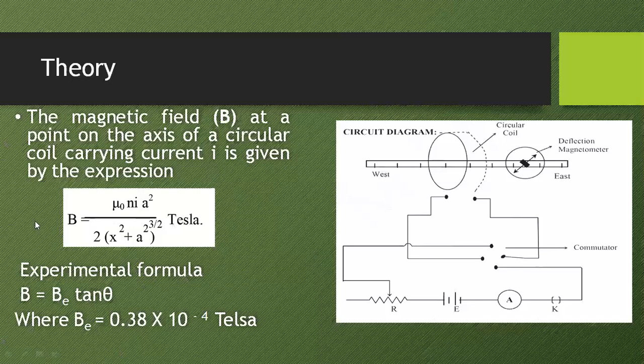So here we are going to perform the experiment with the help of this circuit diagram. Here, this is the circular coil on Stewart-Gee setup. This coil may contain different turns.